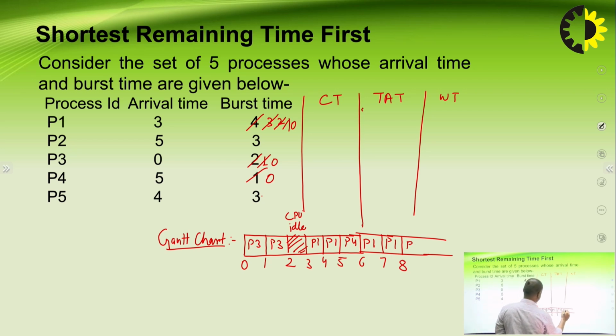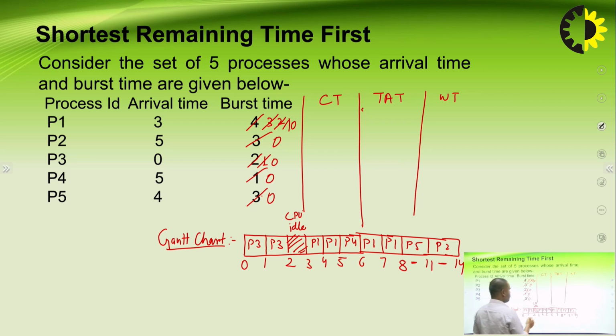So P5 will run for 3 times, to 0, and then again P2 will run for 3 times. So this is the SRTF Gantt chart. We are taking 1 unit. I have taken 3 because here the difference is 3, because if you run, then it would be 3, 2, 1, 1, 1.